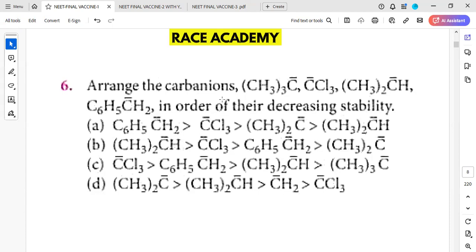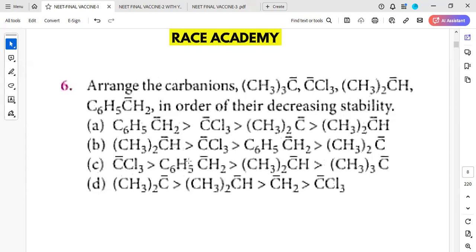These are the things given. In this, we need to identify the correct option for the order of decreasing stability. On seeing this, one thing is clear: the negative charge is going to be reduced a little because of the halogens attached to the negative carbon. So the trichlorocarbanion definitely will be such a case.